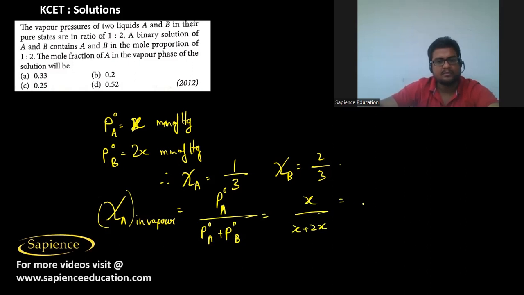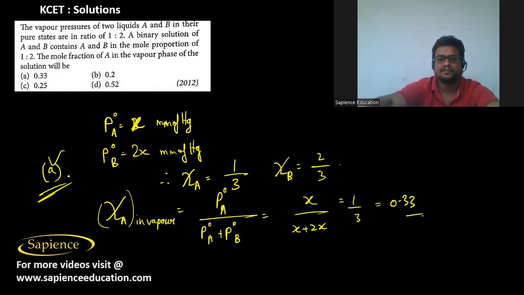So that will be equal to 1 by 3 only. So that will be equal to 0.33. So option A is the correct answer.